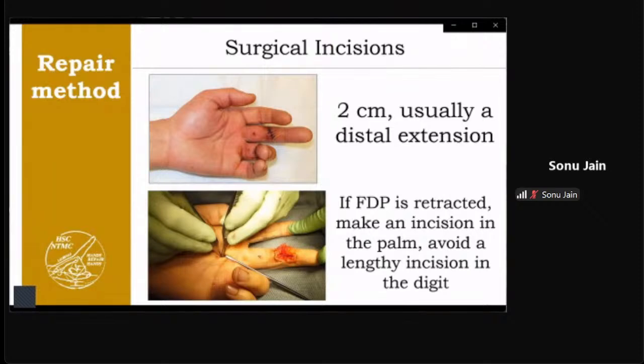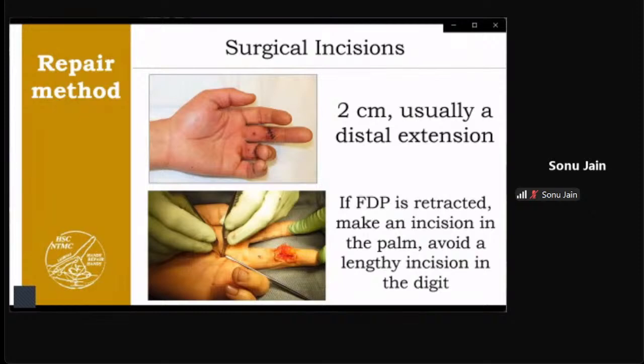Such extension of the laceration is usually made distal to the laceration site, as the tendon is usually cut in the flexion position of the digits. So distal extension will make it easy for the surgeon to find the distal end.